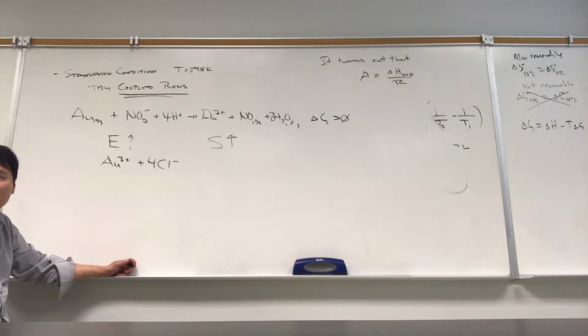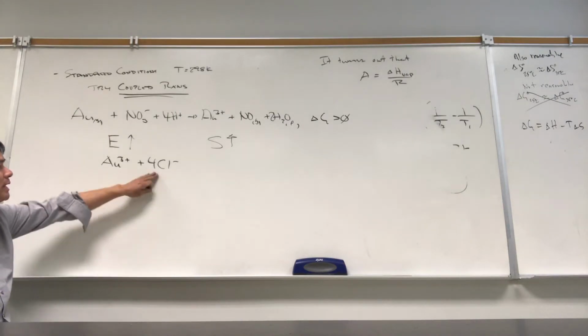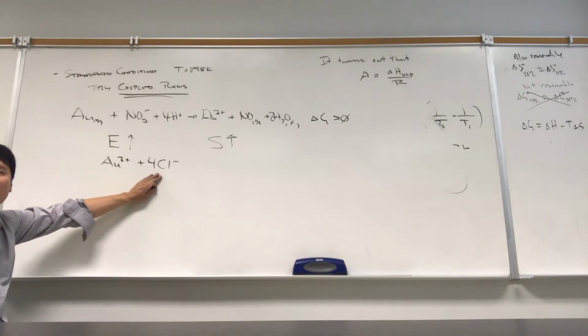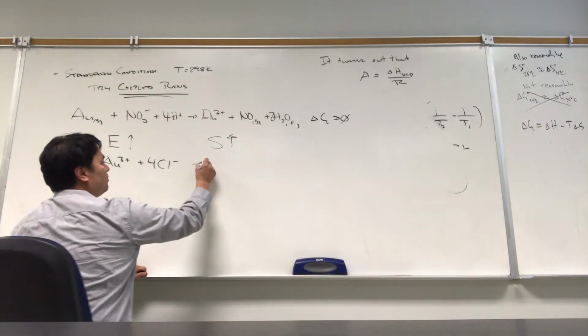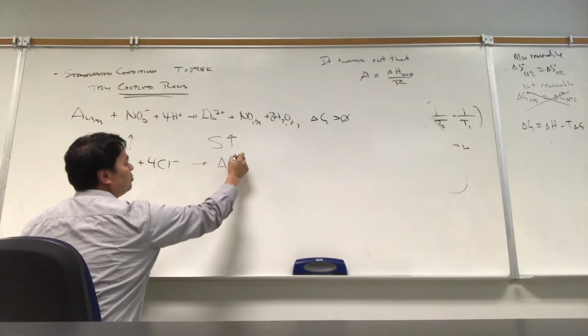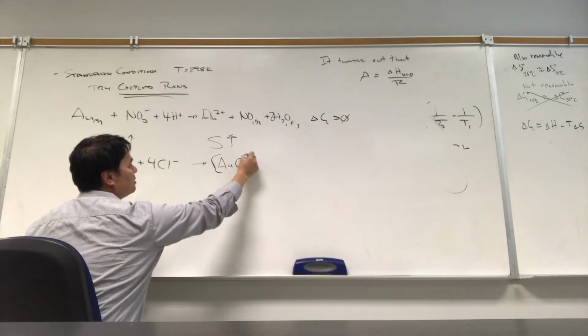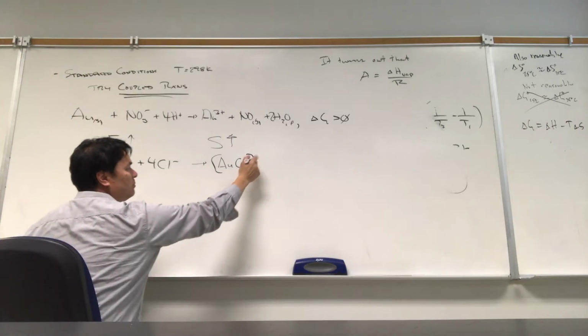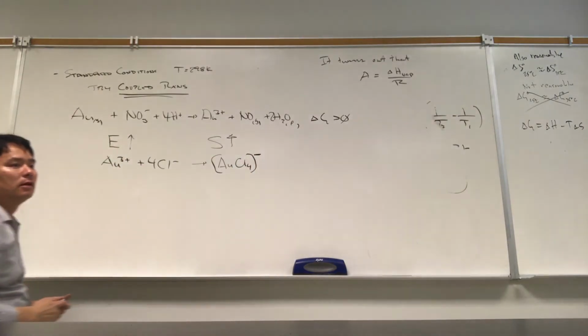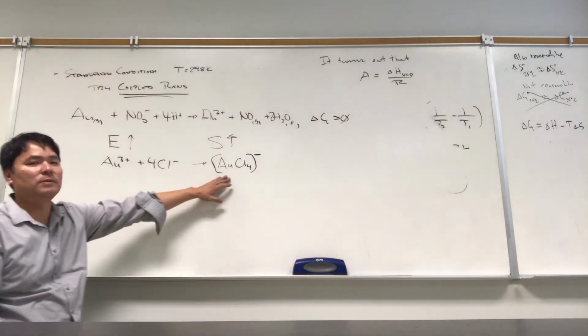In addition to calling them Lewis bases, we could call them something that also starts with an L. In fact, we'd stop calling it chloride and start calling it that, because what we're going to form from this reaction is gold with 4 of these chlorides attached. So gold is +3, chloride's -1, 4 of them, so the net charge is -1. What do we call this species that formed here?